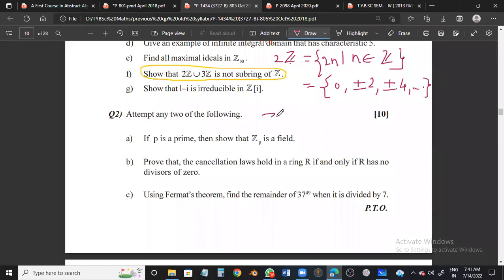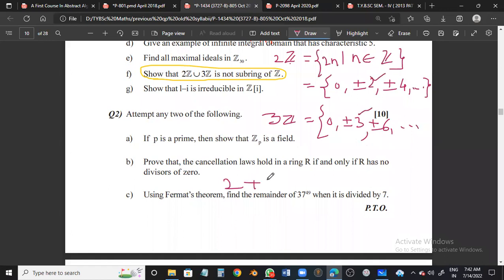Now if I take 3Z, they are multiples of 3, don't say odd. So they are 0, plus minus 3, plus minus 6 and so on. So out of this you select 2 and 3.